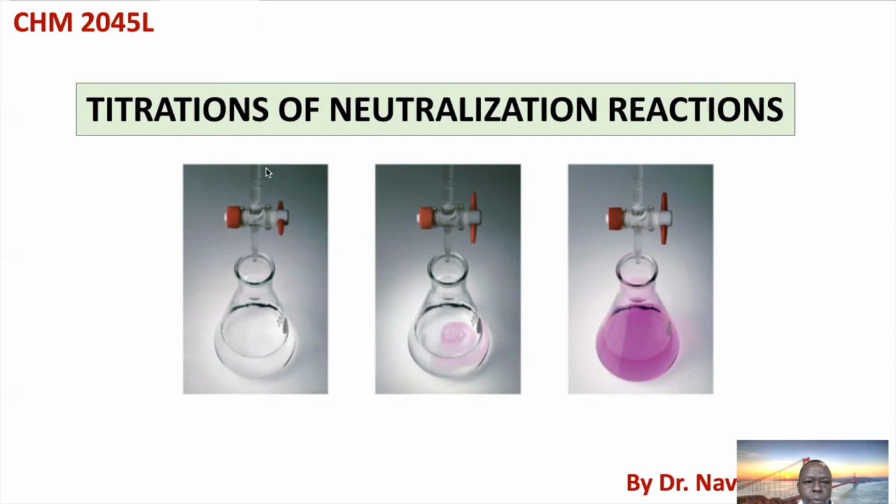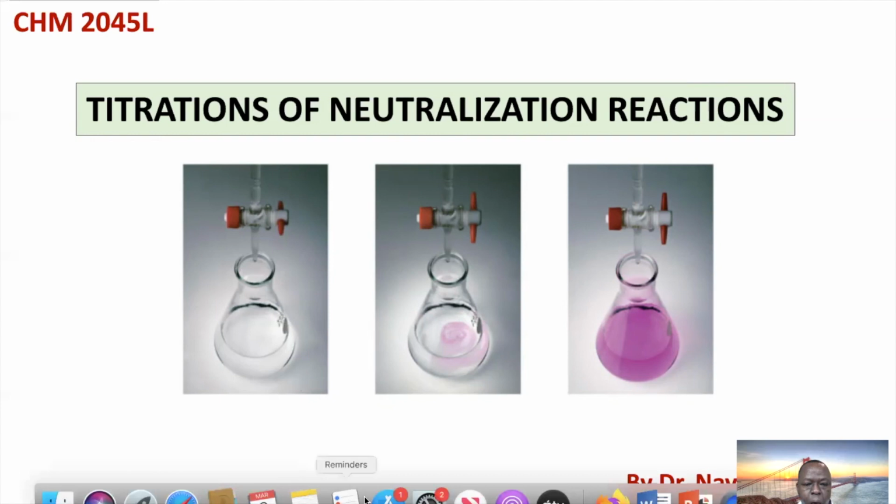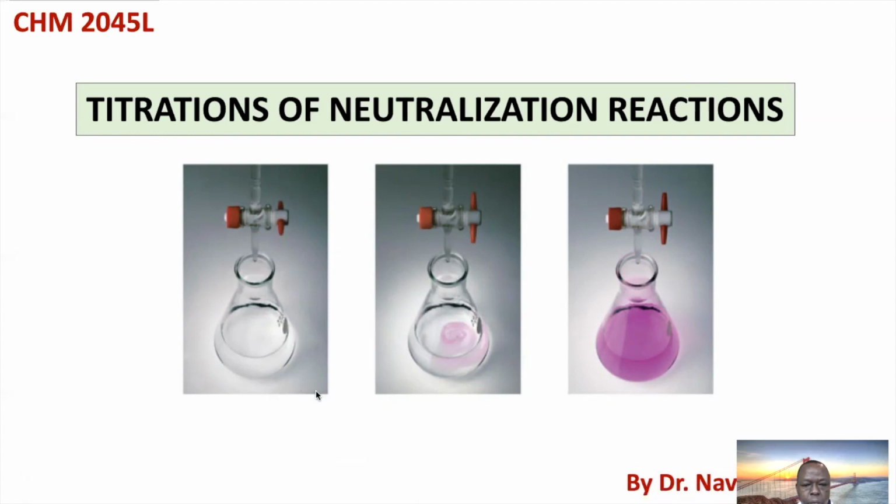What goes in the buret is the titrant, and what goes in the flask here is called the analyte. You may see this down the line. We call this the analyte, what you are analyzing. And quite often, the titration technique is used to determine the concentration of an unknown solution being analyzed.